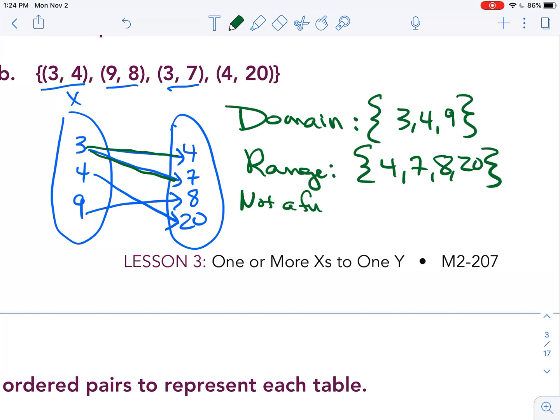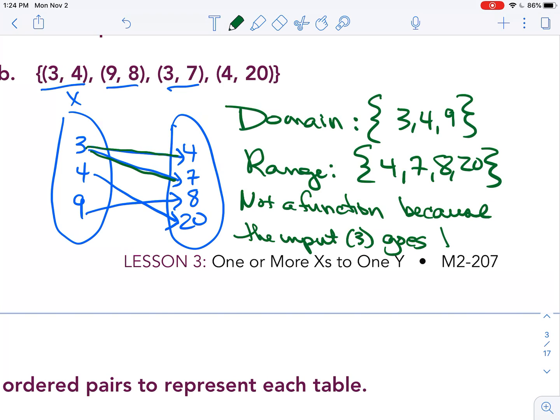Not a function because the input 3 goes to more than one output, 4 and 7. Okay?